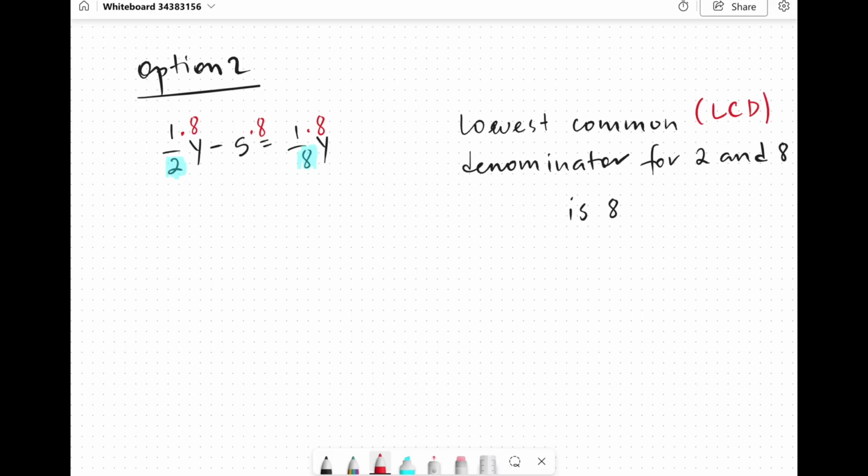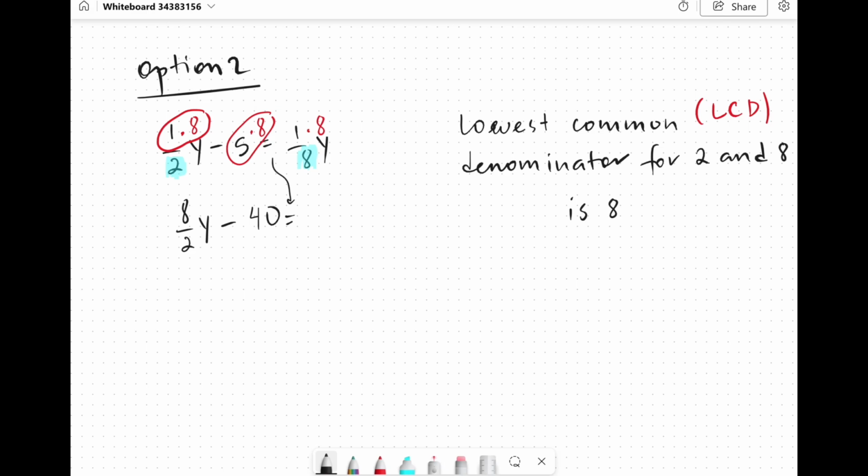So here's what this gives me. 1 over 2 gets multiplied by 8 and becomes 8 over 2 with the y. 5 gets multiplied by 8 and becomes 40. Then my equal sign.